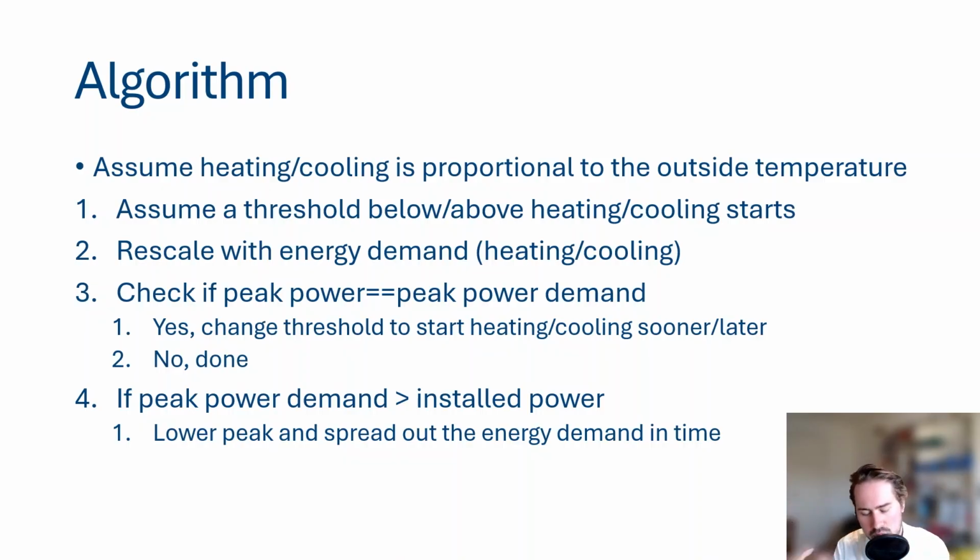So if you, for example, have a 10 kilowatt peak, but you only have an 8 kilowatt heat pump, then you know that there are 2 kilowatt hours that cannot be delivered, because your installed power is not big enough. So we take this 2 kilowatt hour excess energy and divide it by 2, and one will be delivered an hour before and one an hour later.